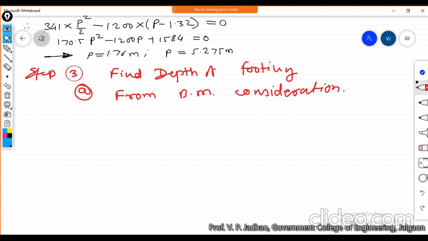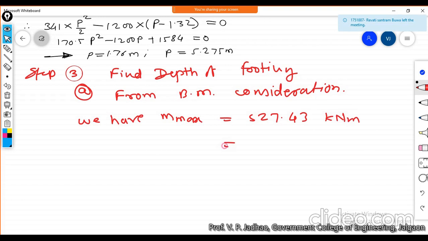We know that the maximum bending moment M max is equal to 527.43 kilonewton meter. We can convert this into Newton mm: 527.43 multiplied by 10 raised to power 6 Newton mm.